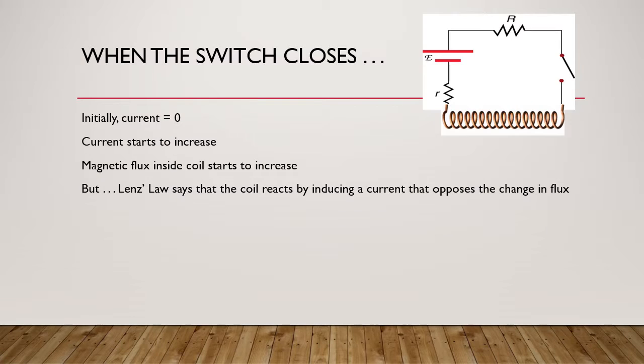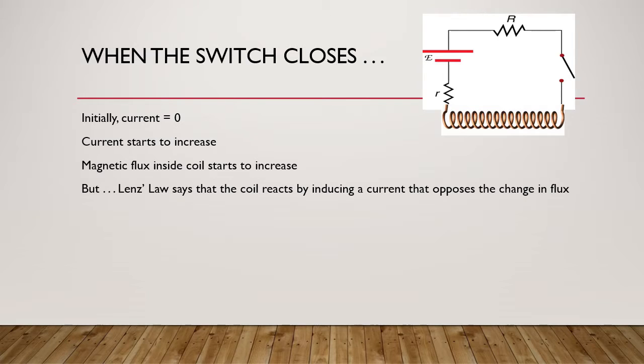Lenz's law said the coil is going to react, and it's going to induce a current inside itself. Isn't that weird? It's going to induce a current inside itself that opposes the change in flux. So it's going to try to make a current inside itself that opposes that change in flux.